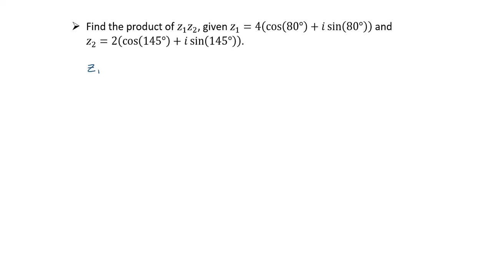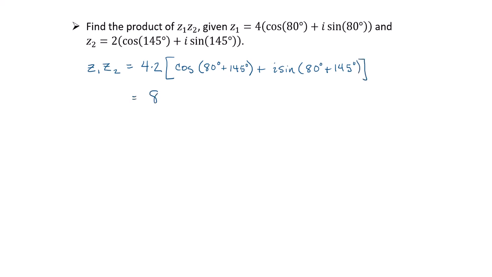So z sub 1 times z sub 2 will equal the moduli multiplied together and times the cosine of the angles added together plus i sine of, again, the angles being added together.